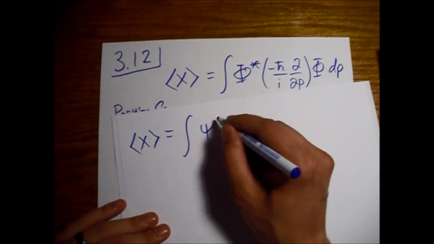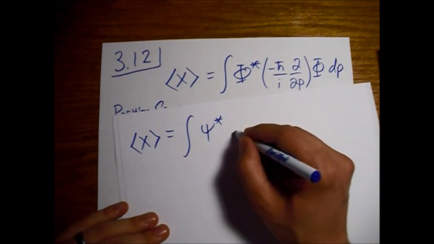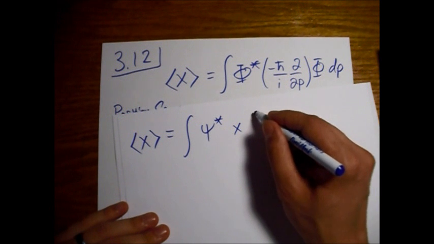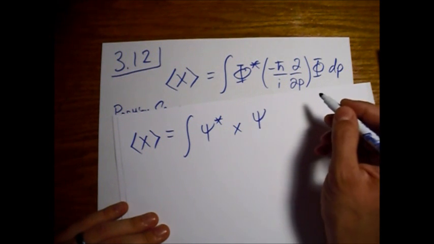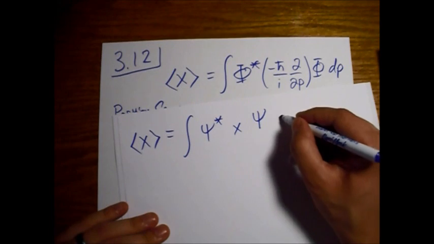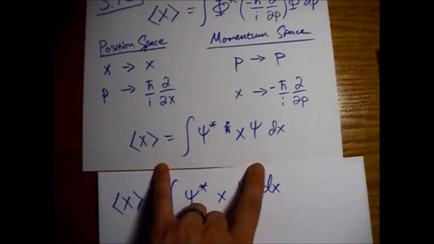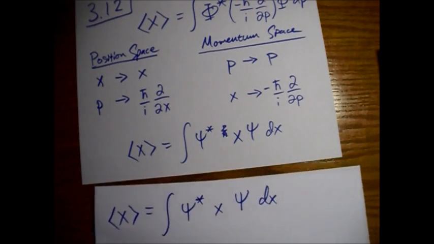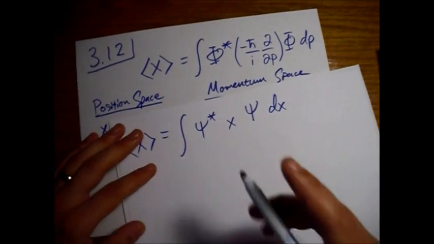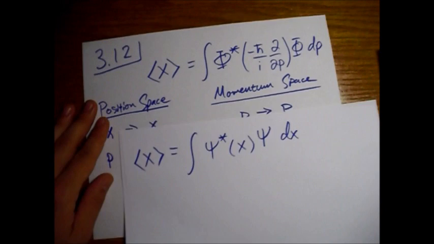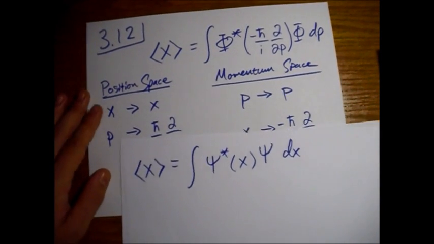Okay, so we use our position space wave function, and then we have an x, and then our other position space wave function. So this is identical to this equation that we already wrote.